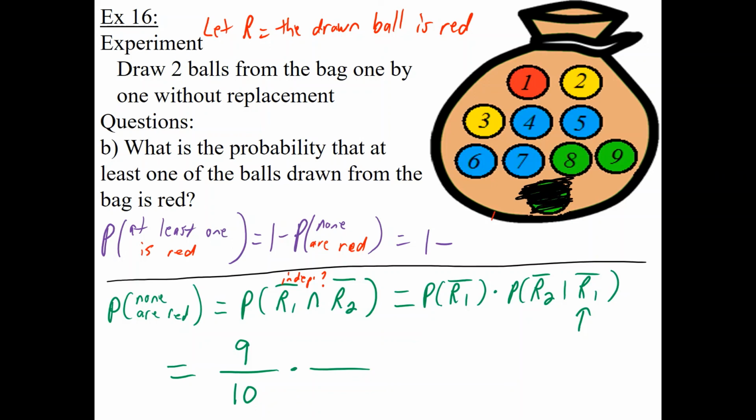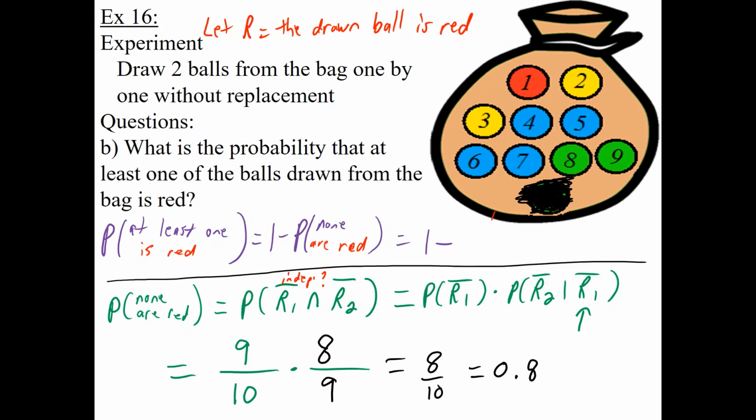And now you imagine we're drawing from this new bag that has only 9 things in it. If I draw from that new bag, what's the chance I get something that's not red? Well, there's 9 things total in the new bag. And how many are non-red? Well, there's only one red, so there are 8 that are non-red. And the 9s cancel. You can simplify this to 8 out of 10. You could do more simplifying, but I'm just going to write it as a decimal, 0.8.